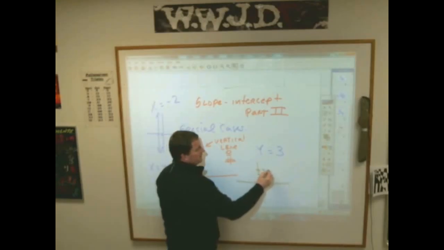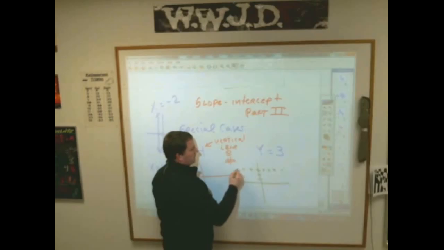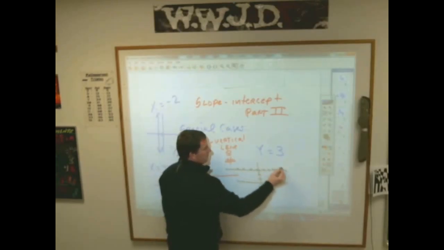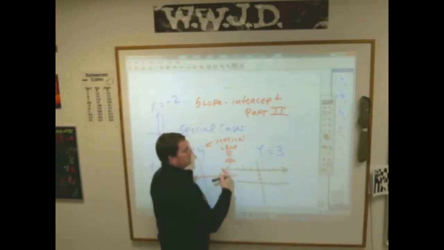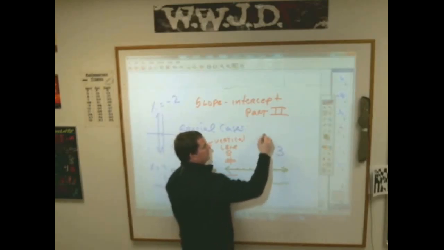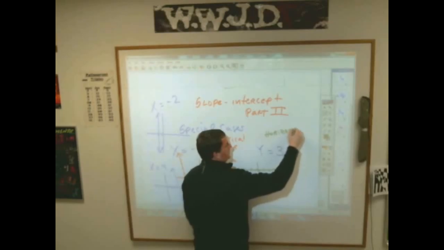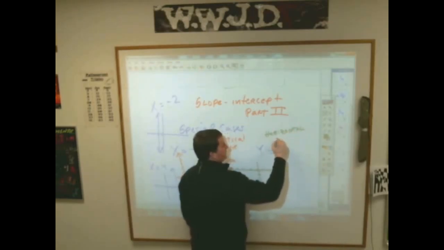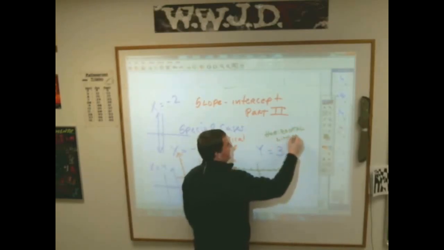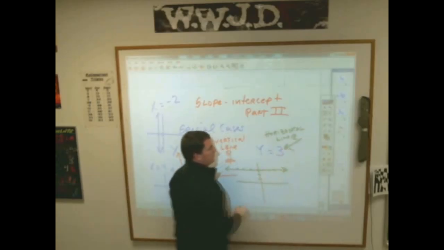And at any place on that horizontal line, y will be 3. Okay? So the little note you say to yourself, if you get y equals a number, this is a horizontal line at that number.